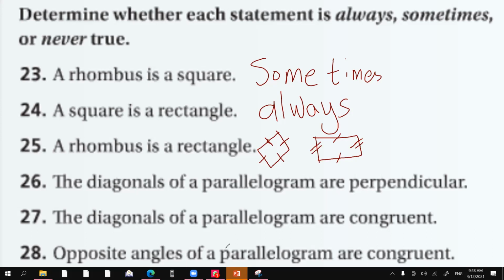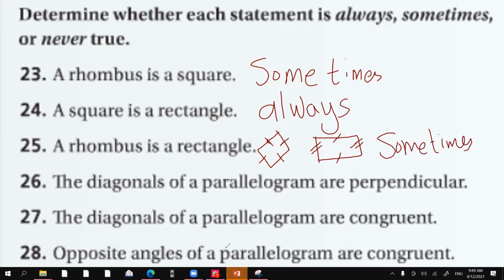The rectangle has two opposite sides equal, and all of the angles are right. Can I say the rhombus is always a rectangle, or sometimes a rectangle? Sometimes.